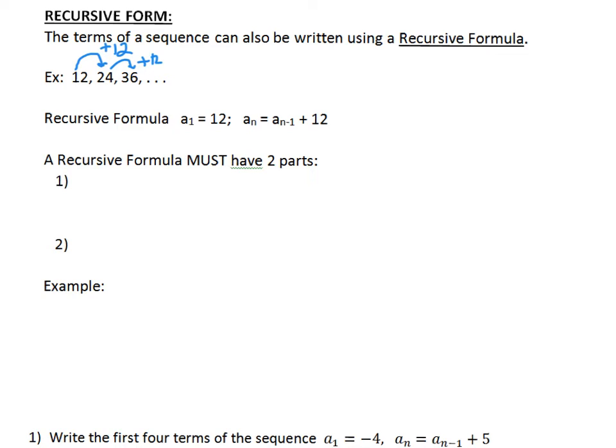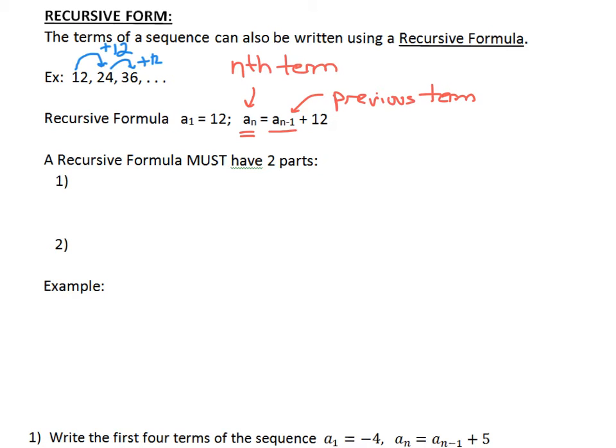So notice how we reference these terms. a sub n stands for the nth term of the sequence. a sub n minus 1 stands for the previous term, the term that came before the nth term. So this definition basically tells me to find any term in a sequence, I'm going to take the previous term and add 12 to it.